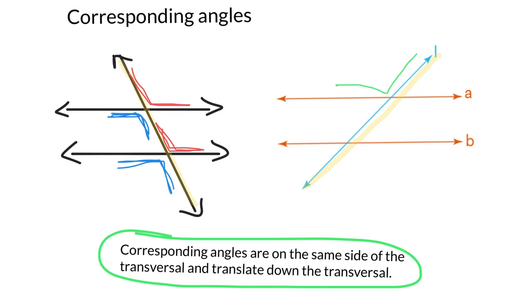This angle here is congruent to this angle here. They're on the same side of that transversal. This angle here is congruent to this angle here. They are corresponding angles. So those are all corresponding angles. This angle here corresponds to this angle right there, etc.